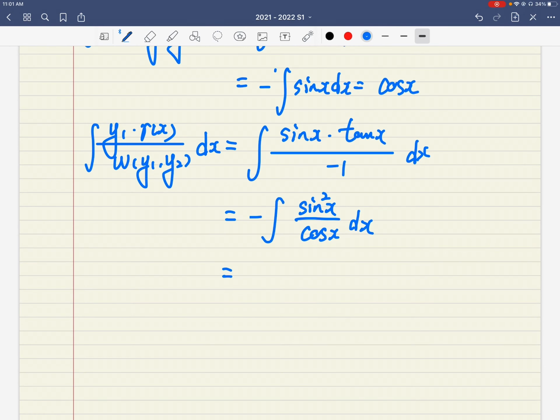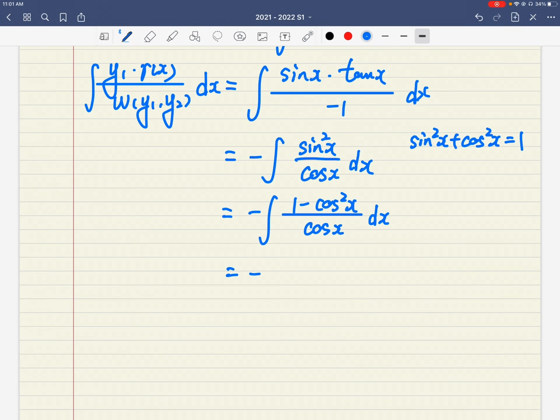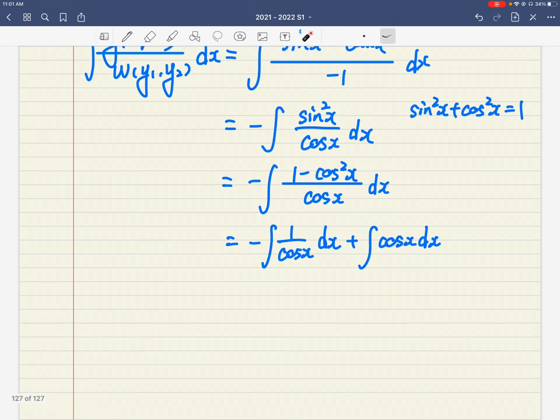But we know that sine squared x plus cosine squared x is 1. So sine squared is 1 minus cosine squared, over cosine x, dx. So it's negative 1 over cosine x plus just cosine x, because this over this is 1 over cosine x with a negative sign in front, and this over this is cosine x, two negative signs.